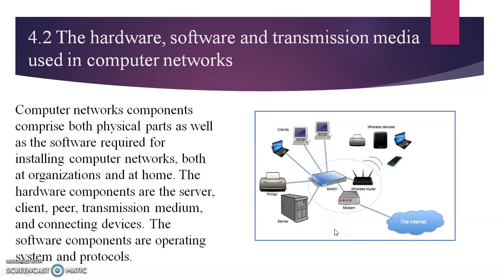4.2 The hardware, software, and transmission media used in computer networks. Computer network components comprise both physical parts as well as the software required for installing computer networks, both in organizations and at home.